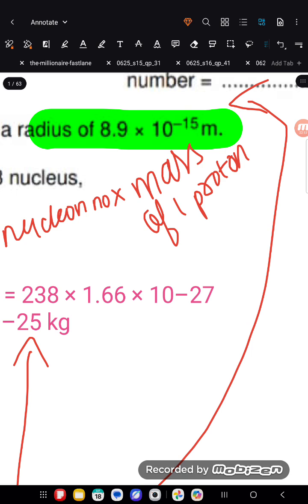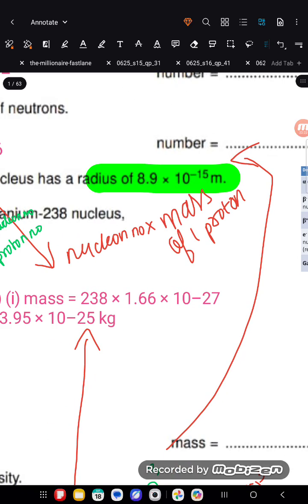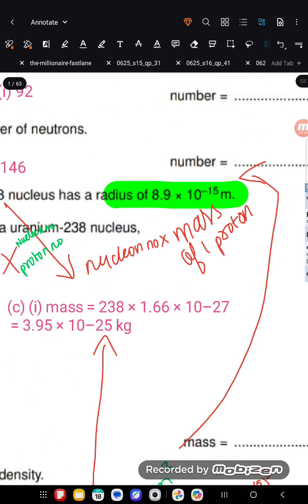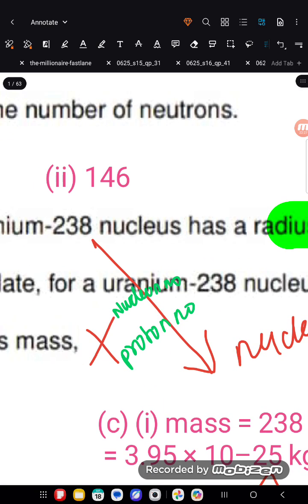Again I am saying mass of one proton is 1.66 to minus 26. So how many nucleon numbers are there?